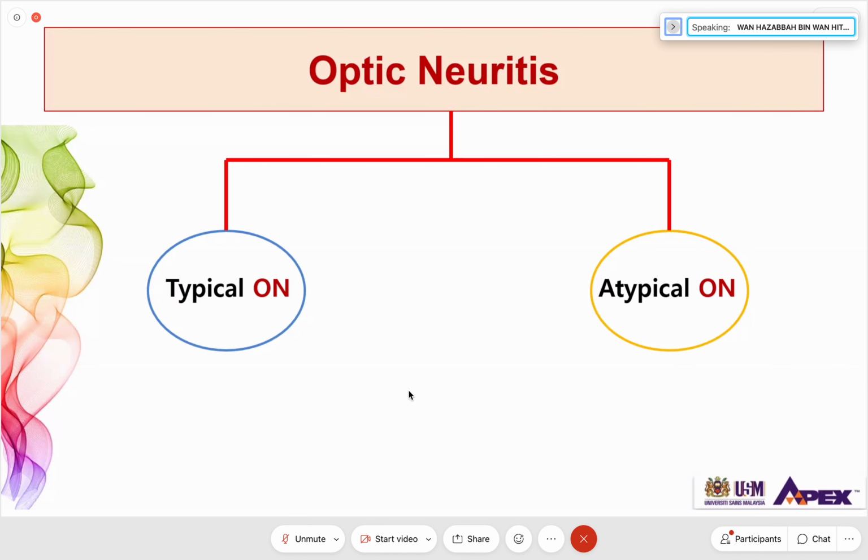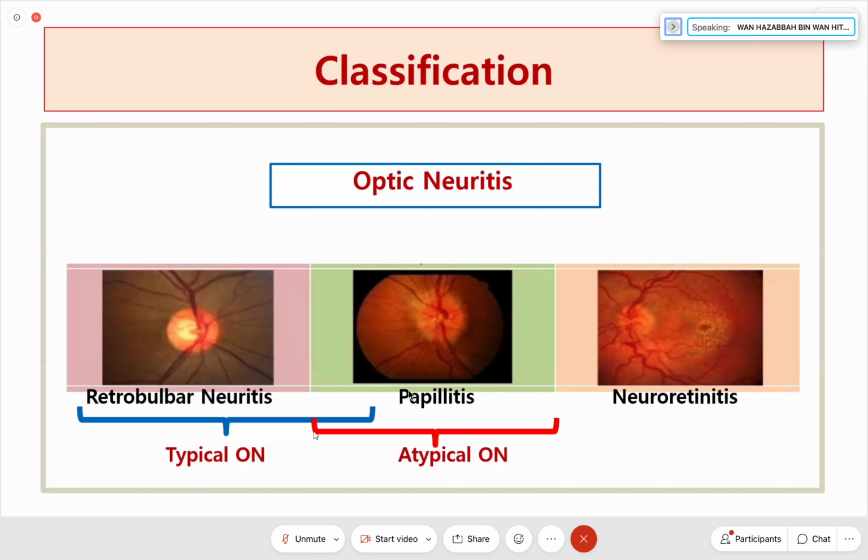So where it stands most of the time: most patients with typical optic neuritis may have the appearance of a normal optic disc, and some may have a little bit of a swollen disc. So this is the range of presentation. But most of the cases which are atypical will present with a swollen disc. So that is a simple guideline.